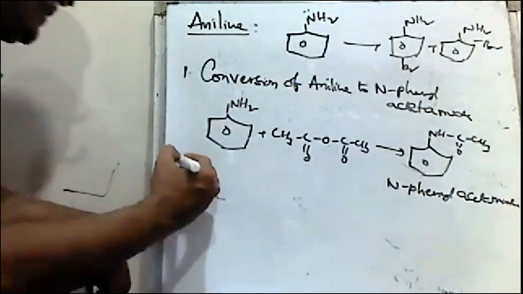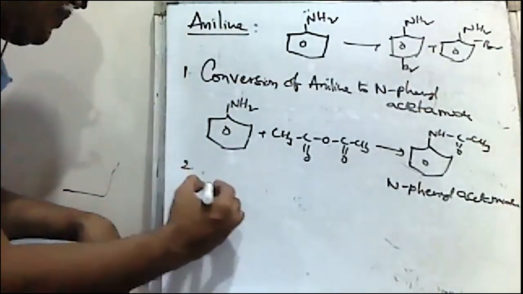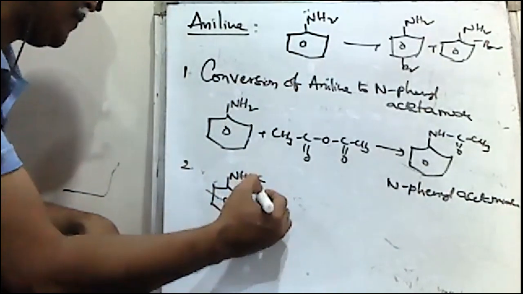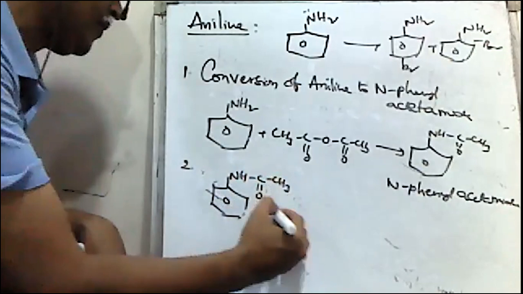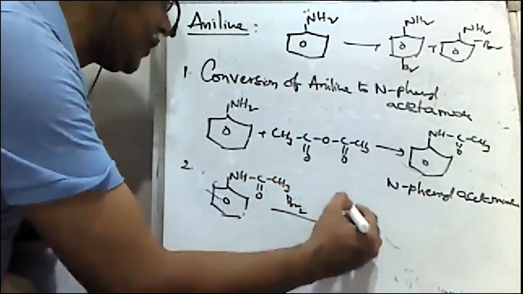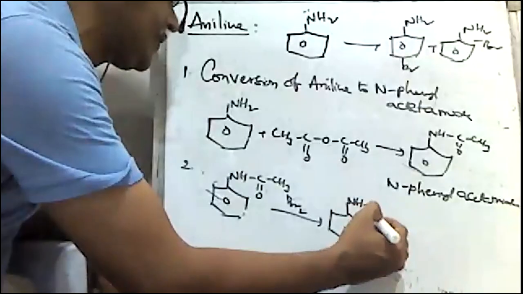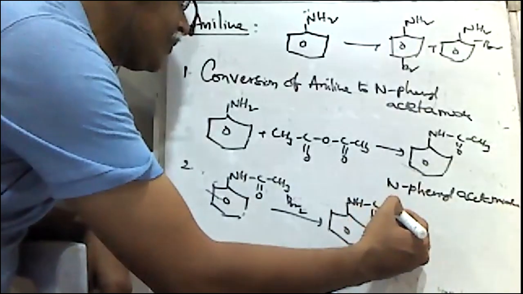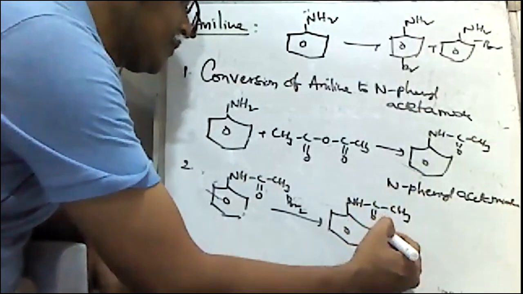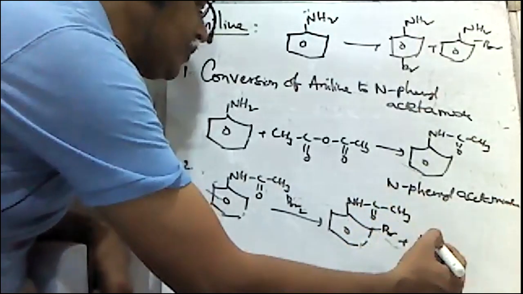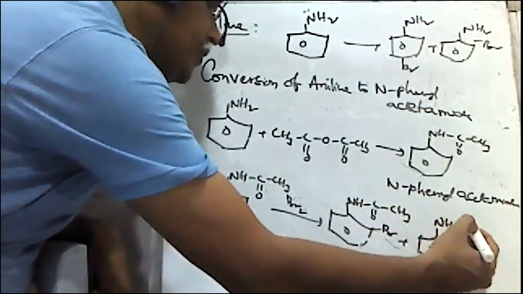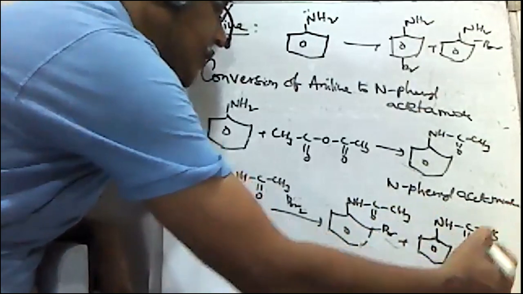This N-phenylacetamide on reaction with bromine forms ortho-bromo N-phenylacetamide and para-bromo N-phenylacetamide, like this.